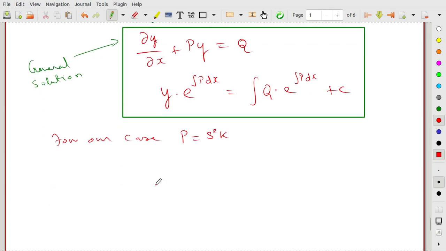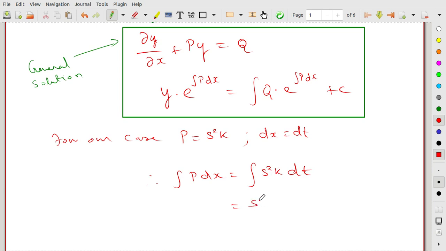Therefore integral p dx, and dx is nothing but dt in our case. Therefore we have integral s square k dt, and since s square k is a constant, we can take it outside the integral.